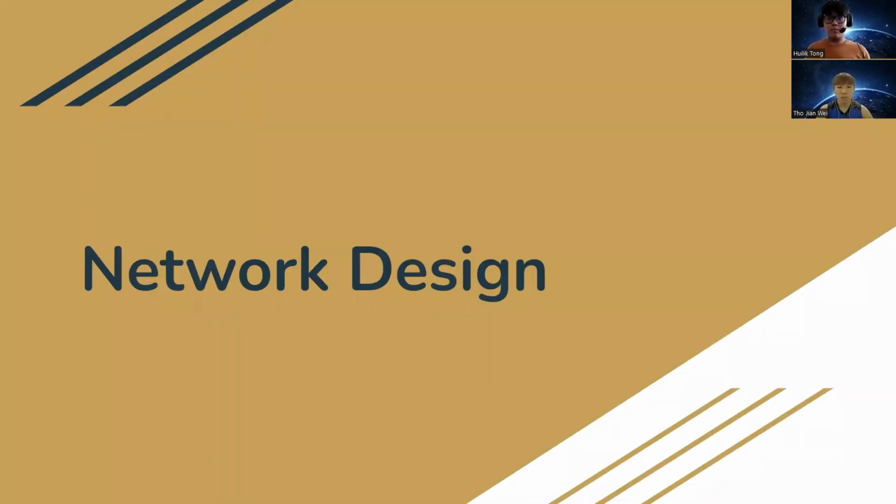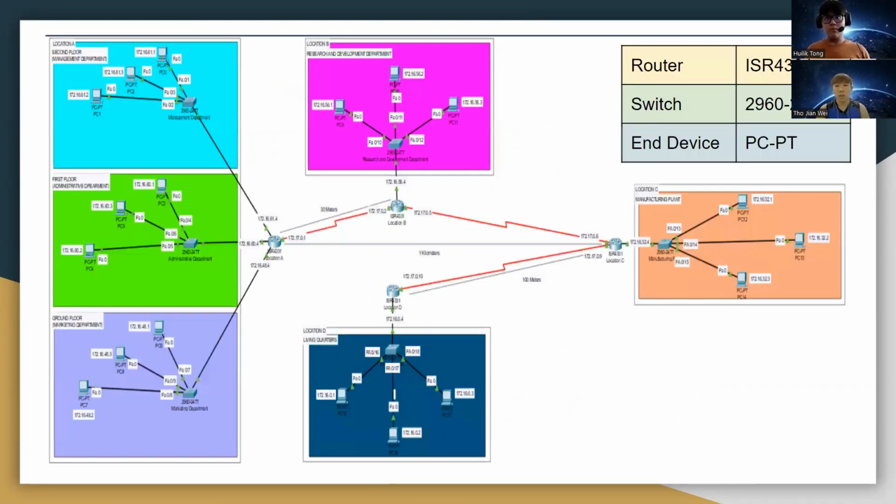Okay, the network design of our assignment is 4 routers, 4 switches, and 18 end devices. The model of router we use is ISR4331, the model of switch we use is 2960-24T, and the model of end device we use is PC-PT.